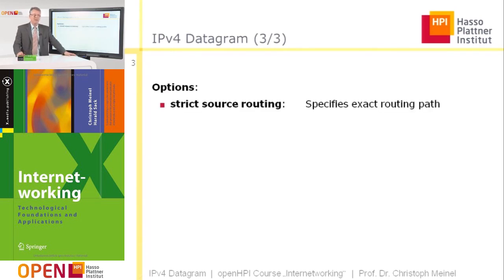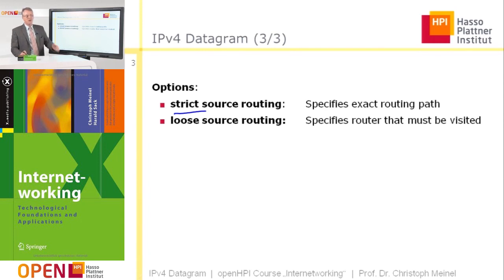What are the options which can be described inside the header of an IPv4 datagram? We have the option strict source routing, which describes the exact routing path from sender to receiver. This is done by giving one IP address after another of the intermediate routers that have to be used for the transport of this packet.